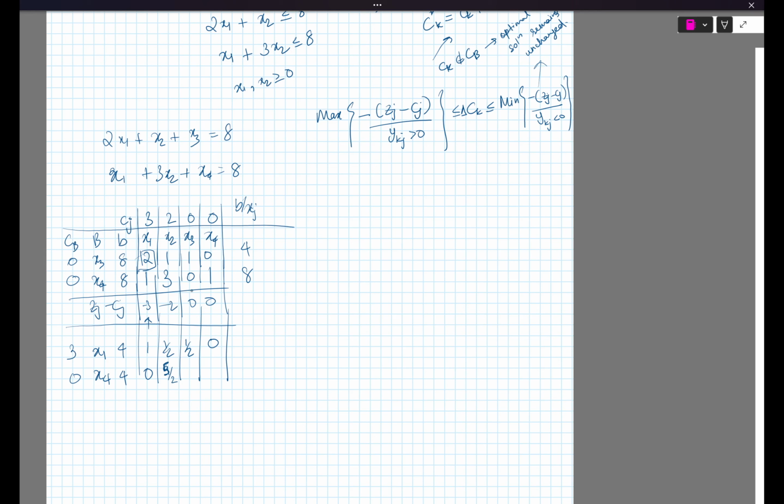Then 0 minus half is minus half, 1 minus 0 is 1. Here I have 3 by 2 minus 2, which is minus 1 by 2, right?